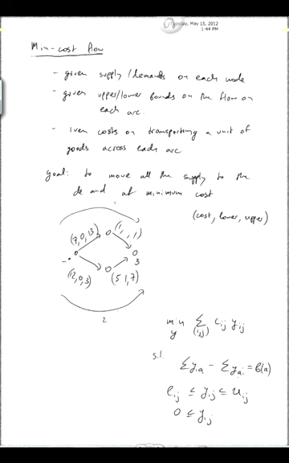So in this example that we looked at the beginning, we had this node which said exactly 3 more trucks have to be leaving than entering. This node said exactly 3 more trucks have to be entering than leaving. And these two nodes said that whatever enters has to also leave.